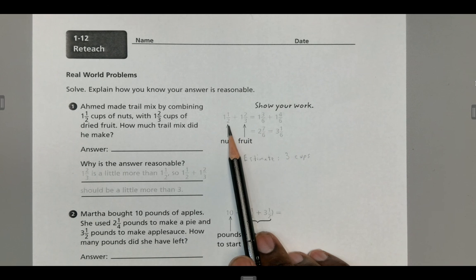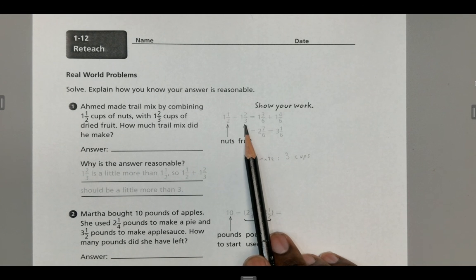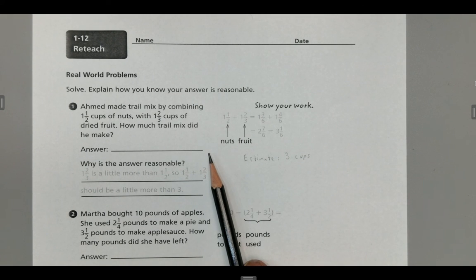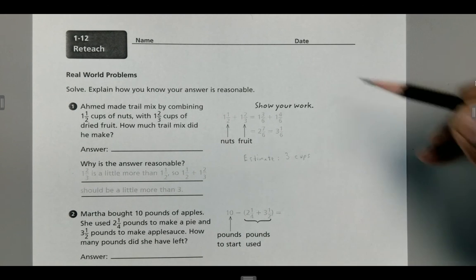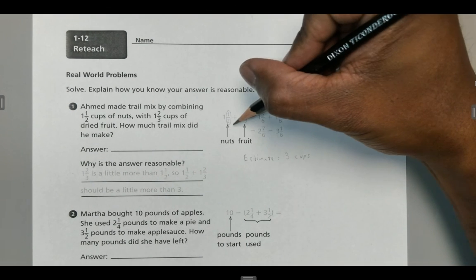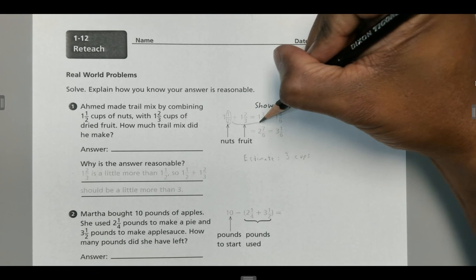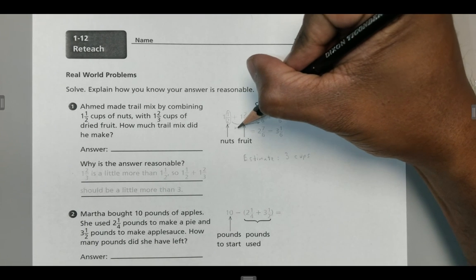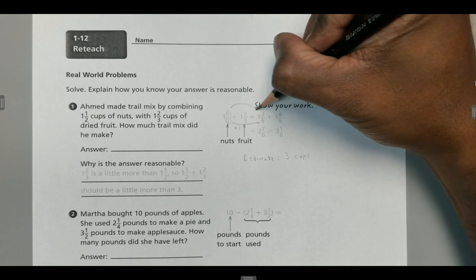Now, using what I know of equivalent fractions, I need to rewrite the 1/2 and the 2/3 so that they both have the common denominator of 6. What I do to the bottom, I do to the top. So, if I'm looking at the 1/2 here, I need to multiply the bottom by 3. Therefore, I'm going to multiply the top by 3.